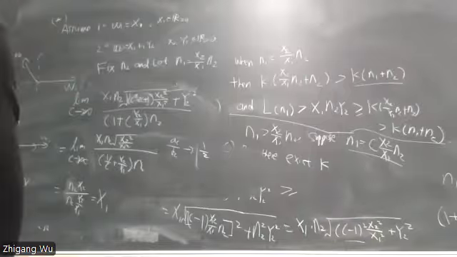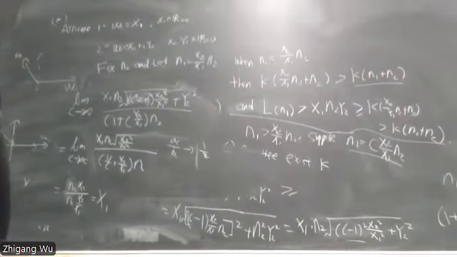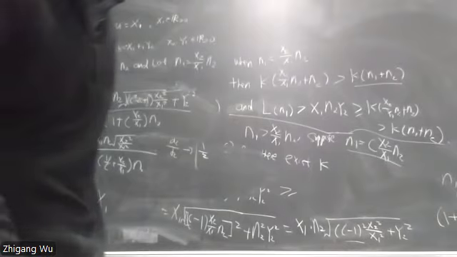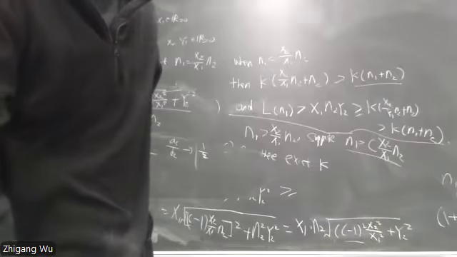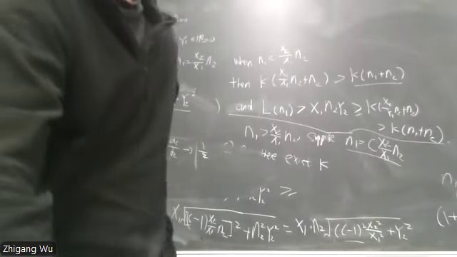What happens if AC over BC goes to 1/2? Okay, let's see.